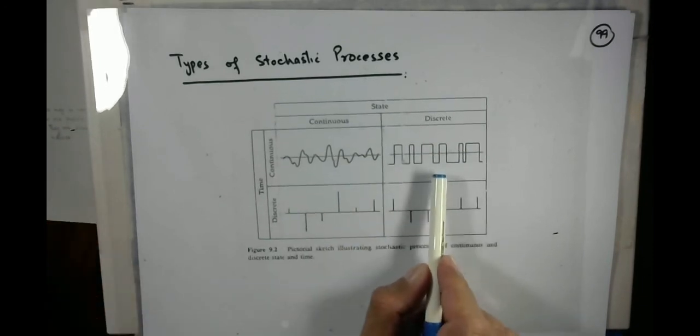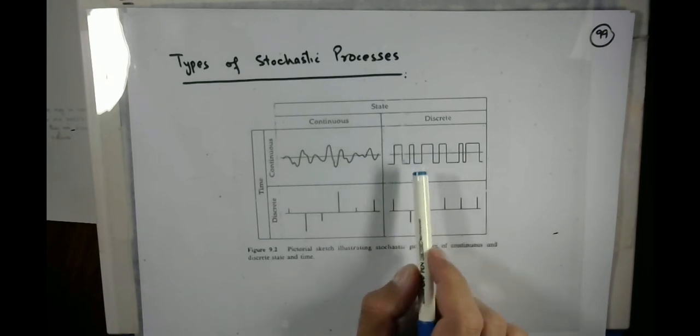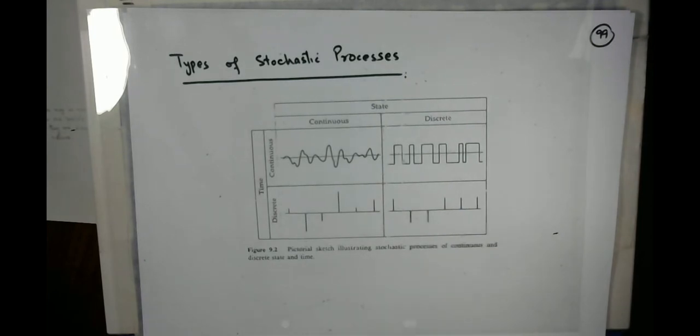What about an example for this type, where the time is continuous but the state is discrete? Can you think of an example for such type of processes? I give you one: the number of phone calls received in a time interval, say 0 to t. The number of phone calls can be a discrete value, either no call, one call, two calls, three calls, whatever, but discrete in nature.